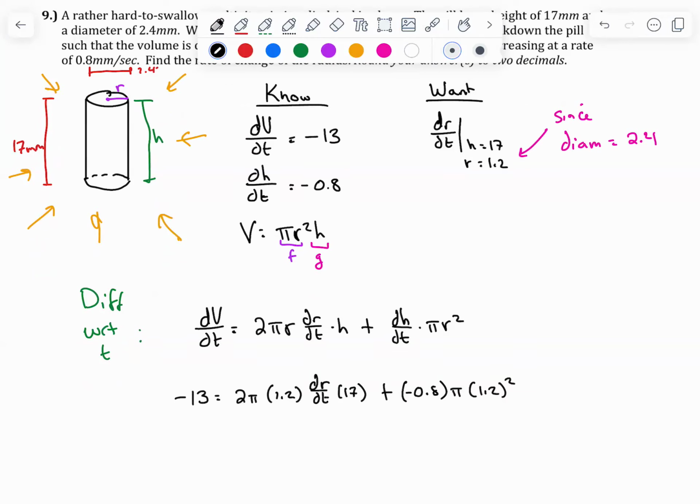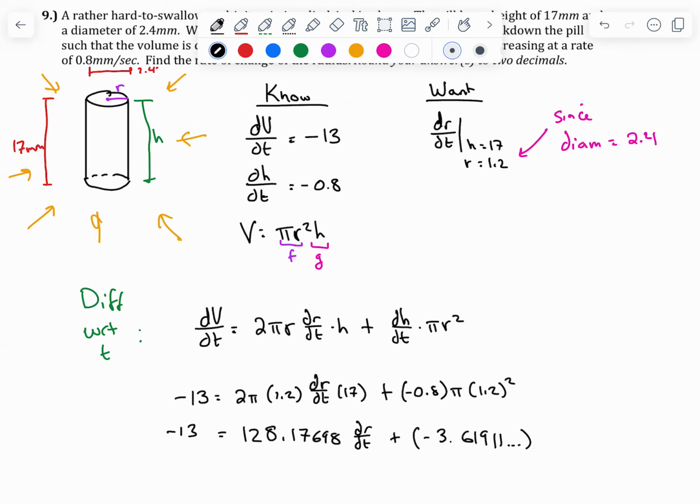So let's see here. 2 times pi times 1.2 times 17 is 128.17698 dr/dt, plus negative 0.8 times pi times 1.2 squared, which is negative 3.61911 and so on and so forth.